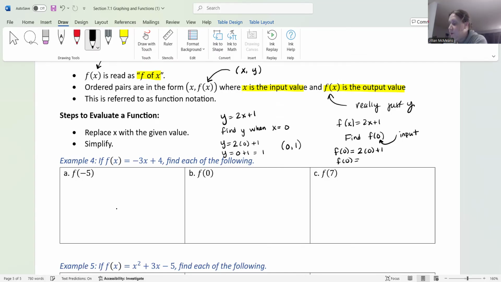So f of 0 would equal, well, 2 times 0 is 0, plus 1 is 1. So f of 0 equals 1, which corresponds to the ordered pair. Whatever's inside parentheses is your input. Whatever you get on the other side of the equals is your output. This would correspond to the ordered pair 0, 1. Okay, so it's just a different way of representing a regular old equation. It's just this type of equation happens to meet the criteria to be a function, meaning each input corresponds to only one output. Okay, so let's go ahead and practice this function notation.